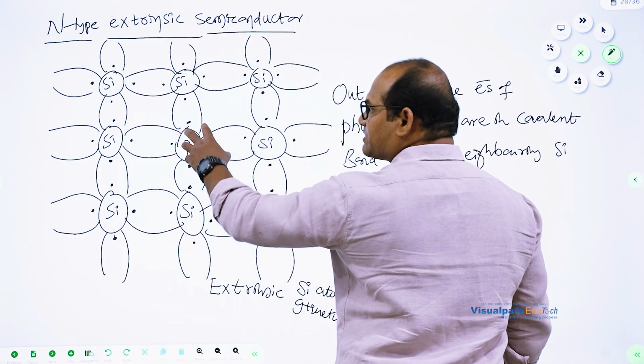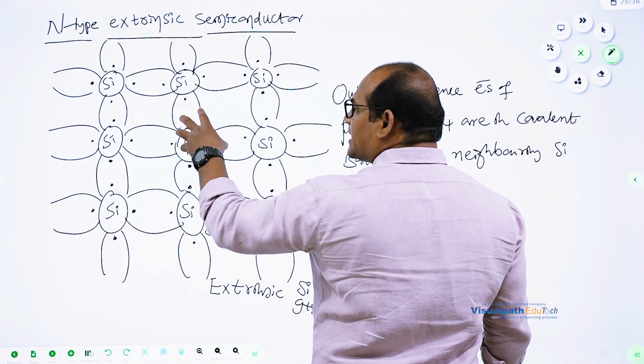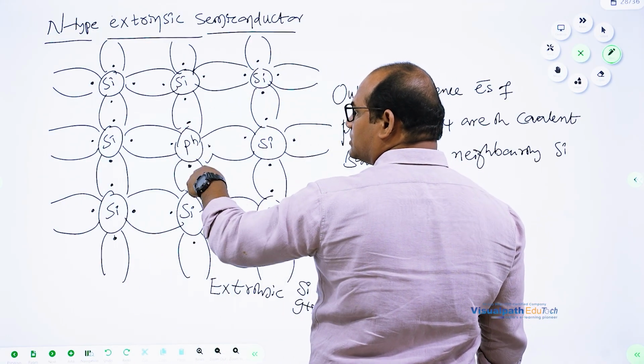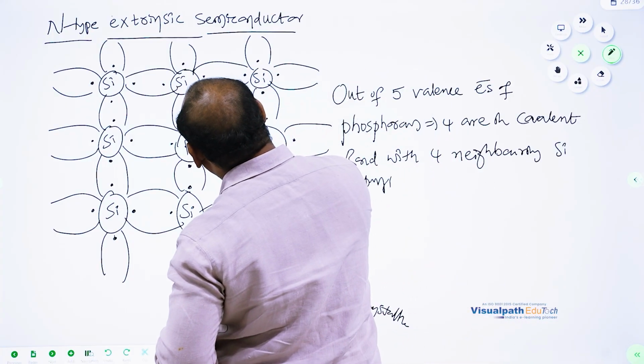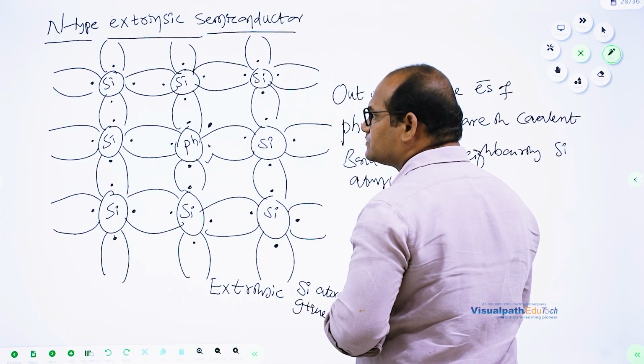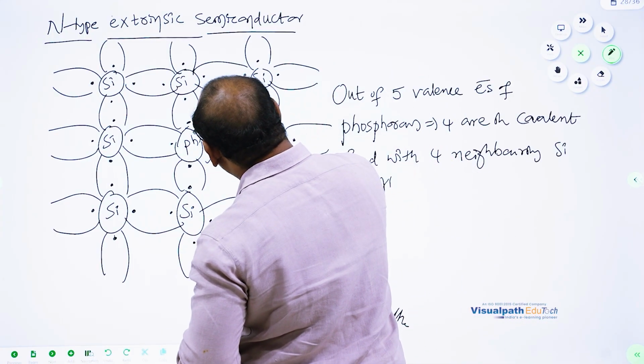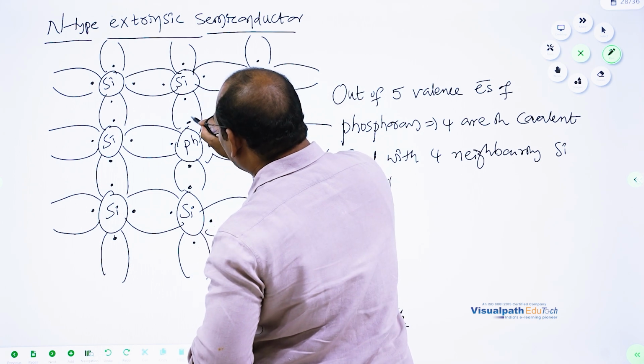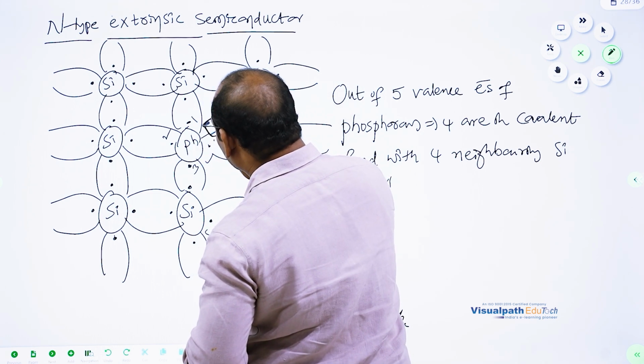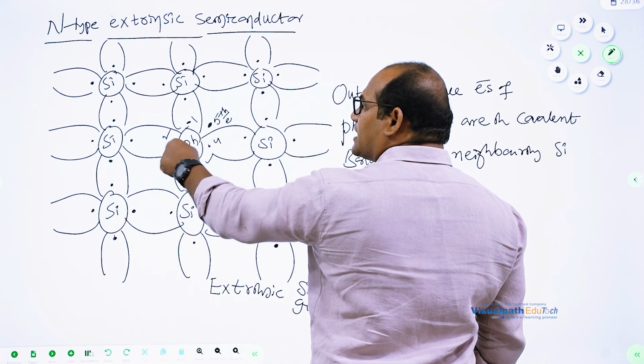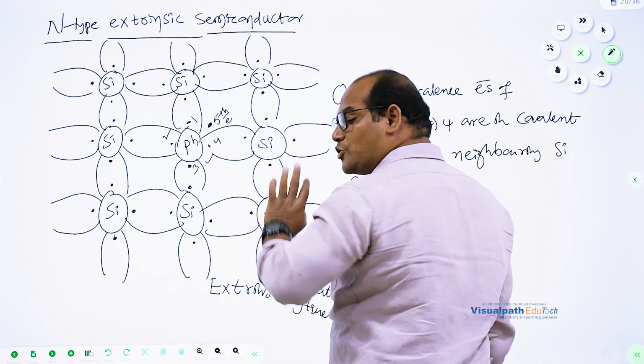You see here, it is phosphorus. Its own valence electrons are 5. 1, 2, 3, 4. And the fifth one is not in the covalent bond. The fifth one is outside. This is the fifth electron. 1, 2, 3, 4. So out of 5, 4 are in covalent bonds, but the fifth one is not in a covalent bond.